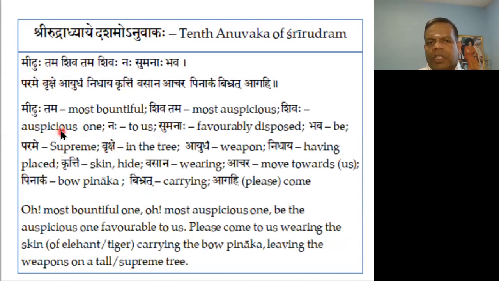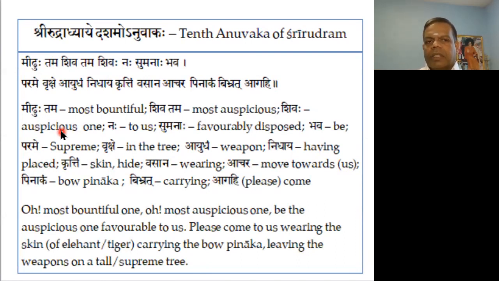Midhu tama: I put them both together. Midhu means bountiful, one who is always giving, the giver of everything. You looked at the word Midvaha, which means who gives, in the previous verse. So Midhu means one who gives. Tama is an affix which basically means superlative.